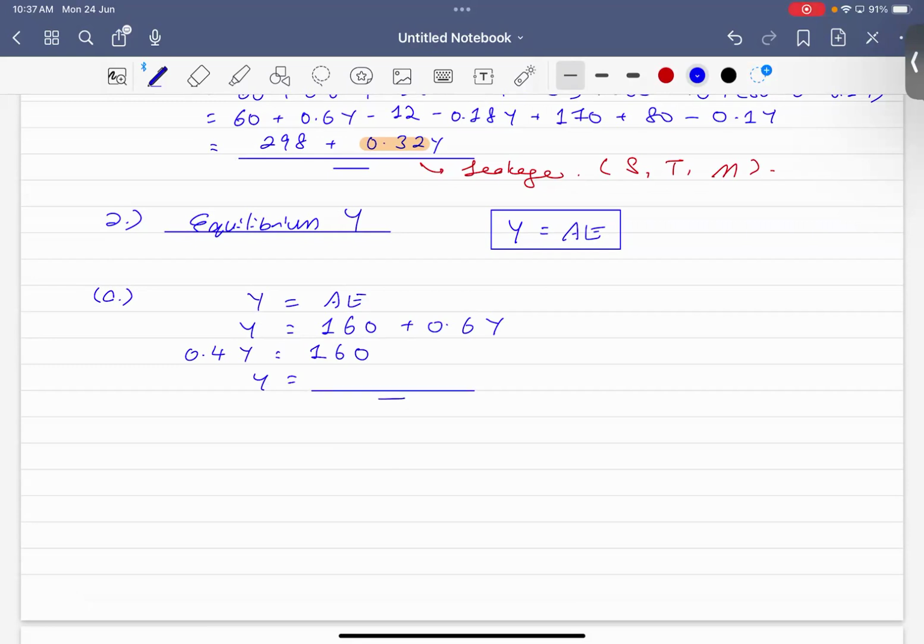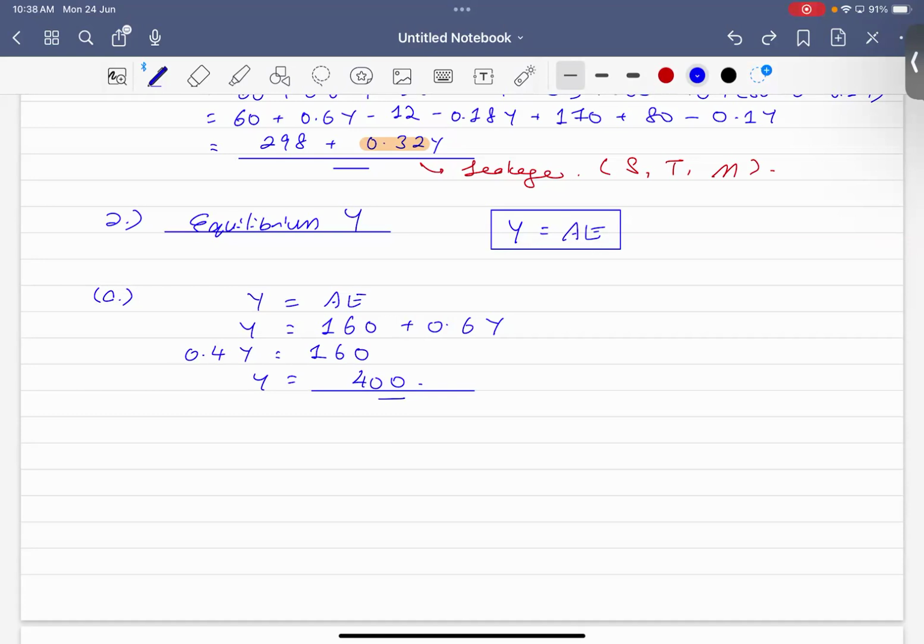So what will be the answers? So here is 400. If you want to put the units like $400 billions, also can, up to you. But if you just want to leave your answer like this, I'm fine as well. As long as you get the values right, I will give you full marks in that exam. So I'm not so concerned with the units.